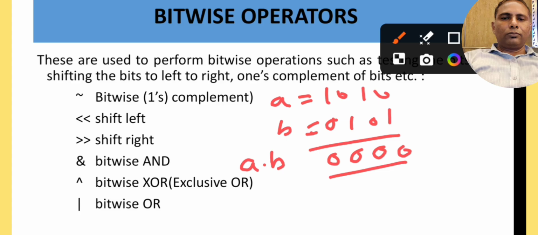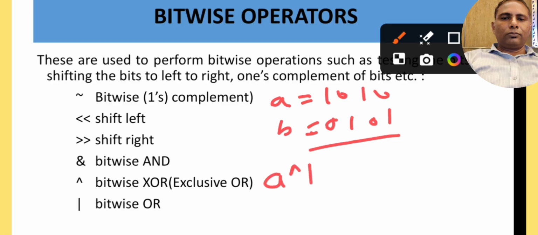Now another operator is the bitwise XOR operator. In case of bitwise XOR, if there are same numbers, then we will have the answer 0.